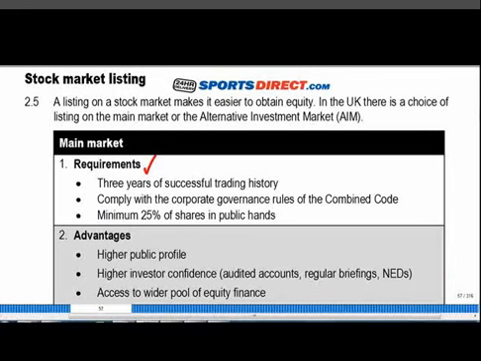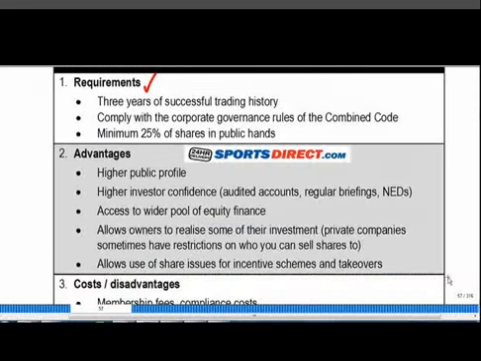The advantages of a listing are going to include having a higher public profile. So Sports Direct was really brought to the public's attention when it went for its stock market listing. Because as a listed company, you have to have audited accounts, regular stock market briefings, independent non-executive directors, then you're going to have high investor confidence, and that will mean that they'll pay a lot to buy the shares in the first place.